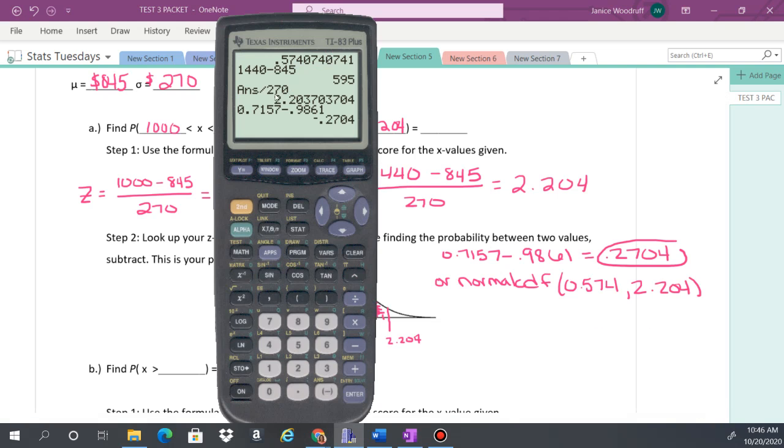So in my calculator, second VARS, second one down, normal CDF, lower limit 0.574, comma, upper limit 2.204. And if you have the TI-84, the mean is 0 and the standard deviation is 1. And then you get 0.2692.